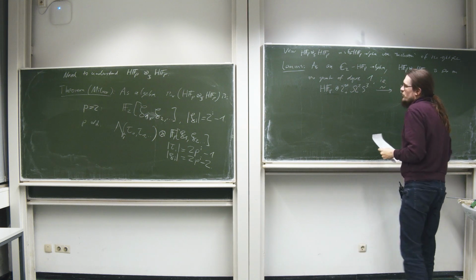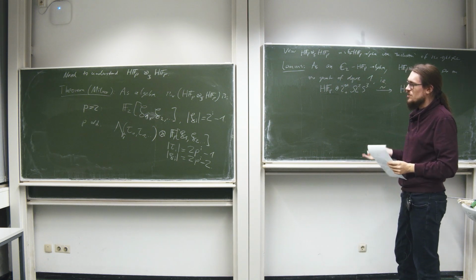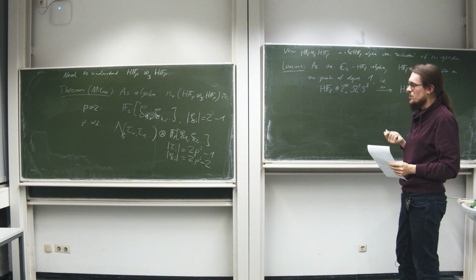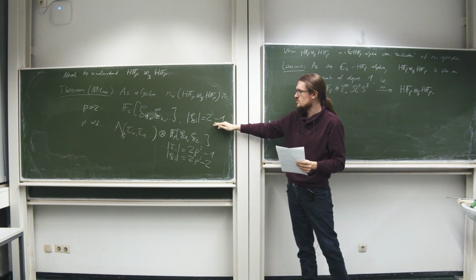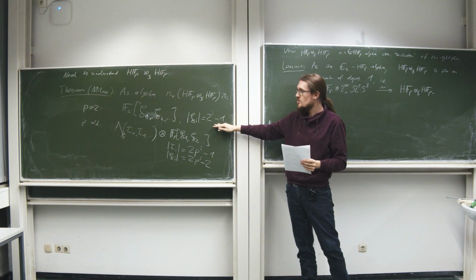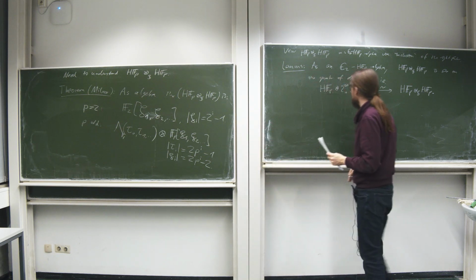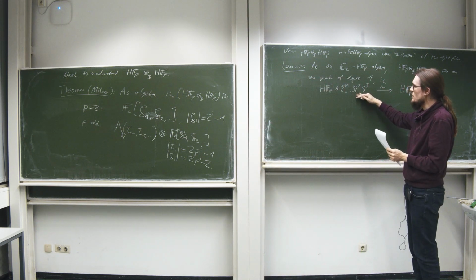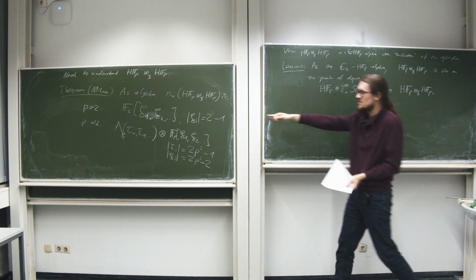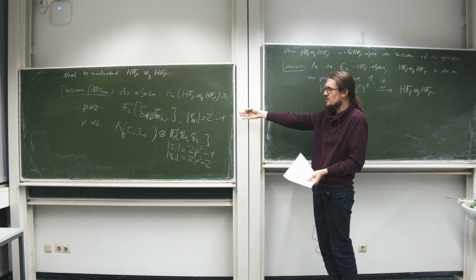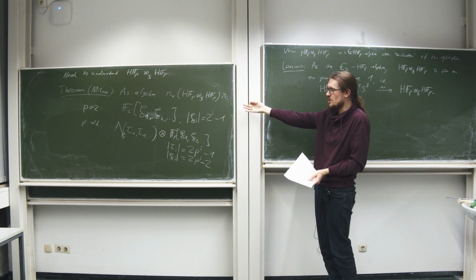And contrary to what we said about the free E1 algebra earlier, if you believe the lemma, then this already suggests that the homotopy of a free E2 algebra over FP is a complicated beast, right? For example, the homotopy groups are not free on a generator in degree 1.